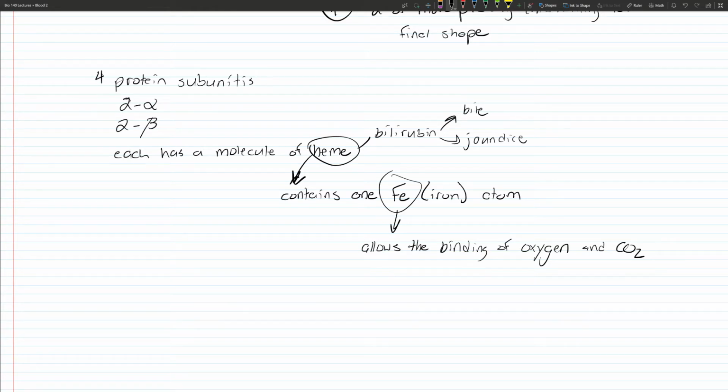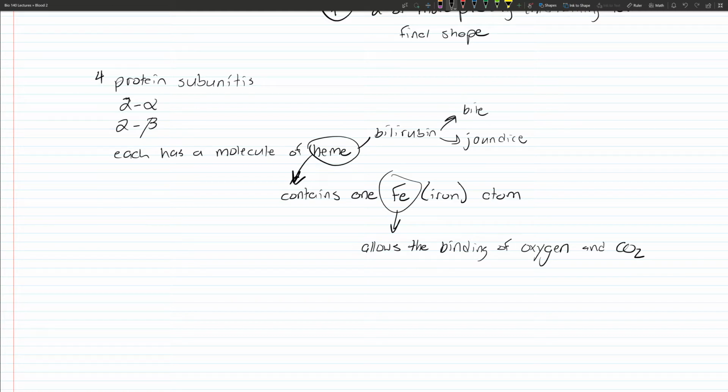You're oxidizing it. Rust is just the oxidization of iron. So when you add oxygen to iron, it rusts. It turns a bright reddish orange color. And that's what gives oxygenated blood its bright red color. It's the way the light reflects off of the oxygenated iron. That's it. Probably didn't want to know that, but I think it's cool. I really think it's cool.